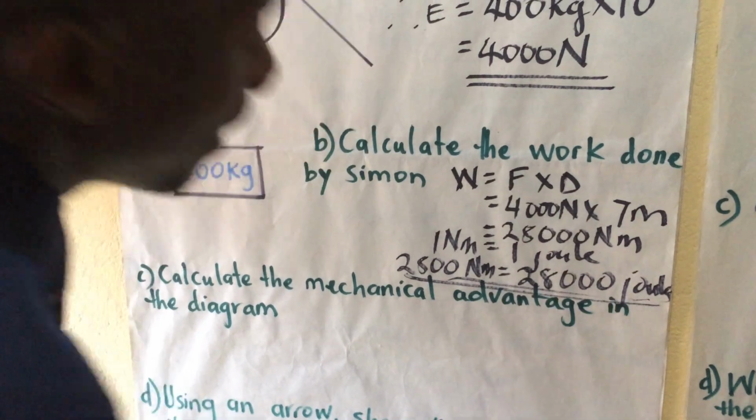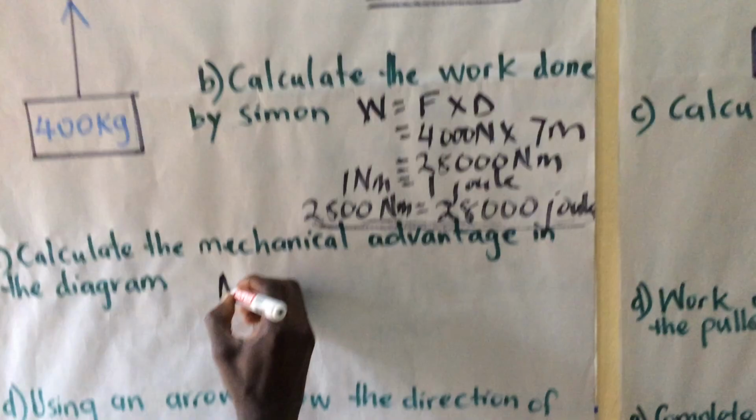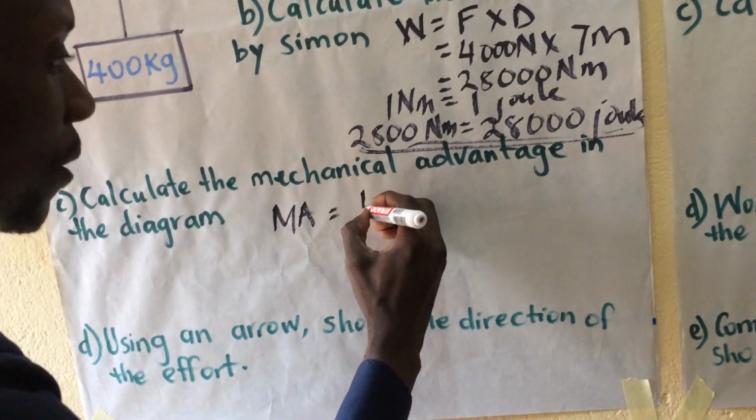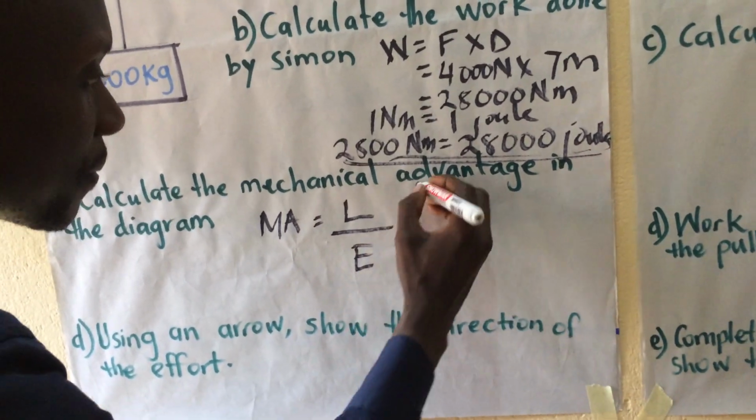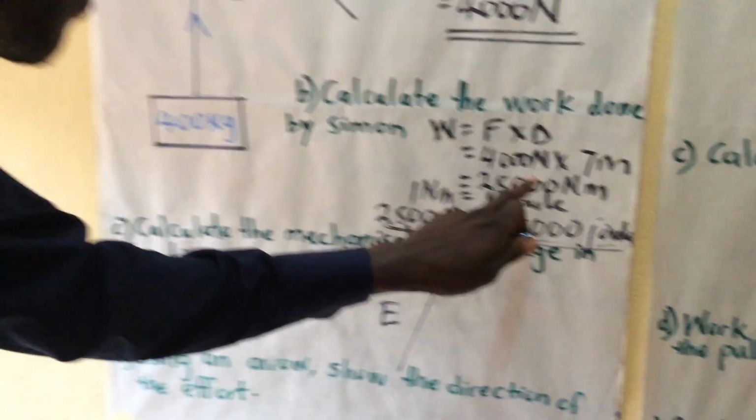That's the work that is done. Calculate the mechanical advantage. MA, mechanical advantage, is equal to load over effort.